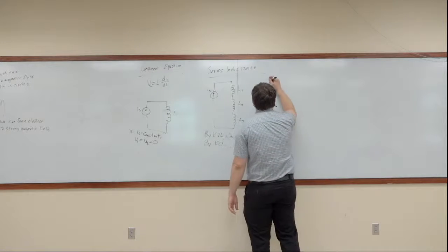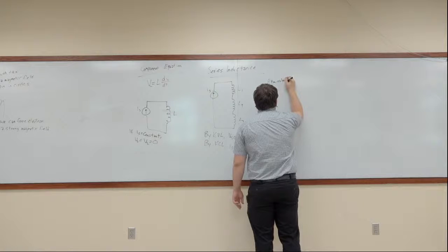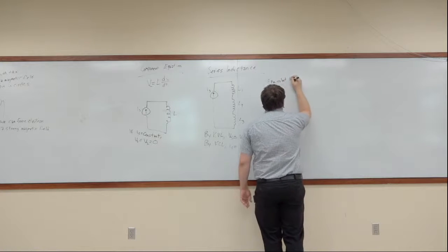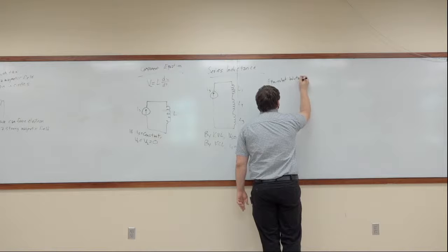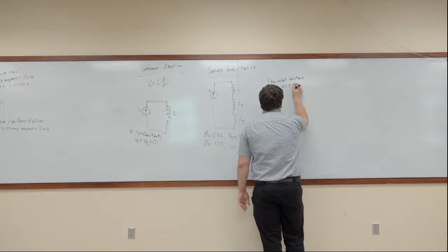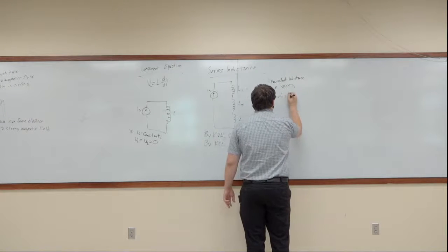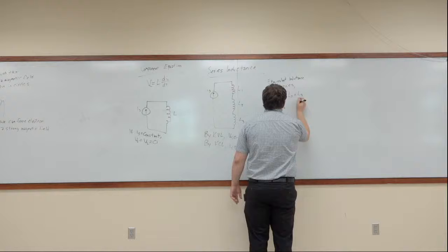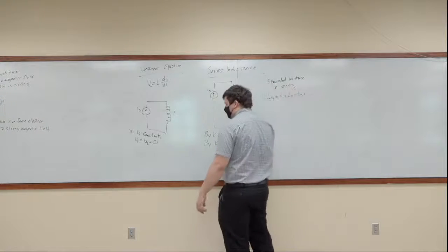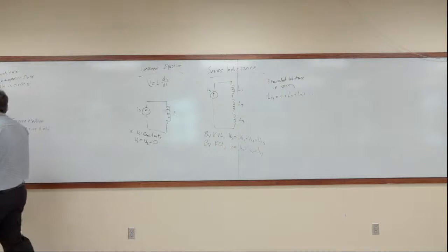Again, the book proves this, and I don't want to take the time to do it. When we talk about equivalent inductance in series, L equivalent is equal to L1 plus L2 plus L3 plus and so on. It's the same kind of relationship we saw for resistors. Exact same.